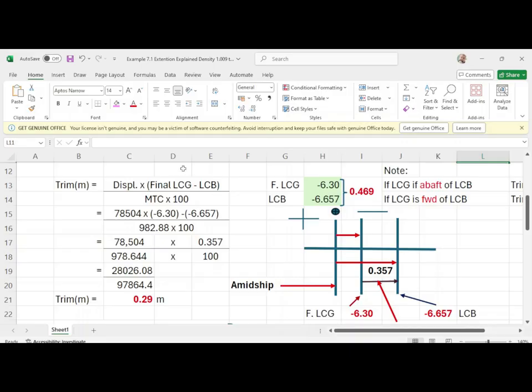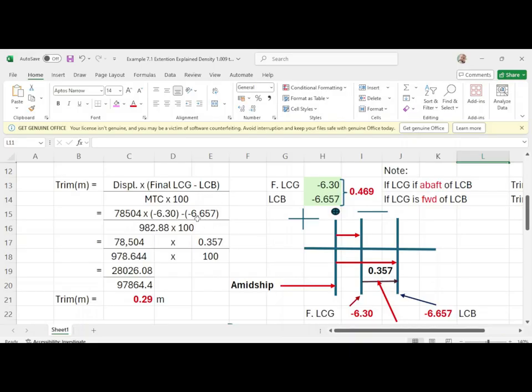Just by looking at this figure alone, your buoyancy is pushing up and your LCG, the weight, is pushing down, because your LCB is forward and your LCG is behind. So the LCG will go down and LCB will go up.